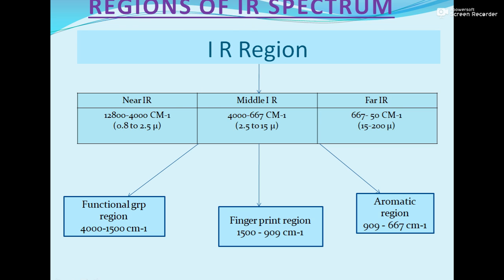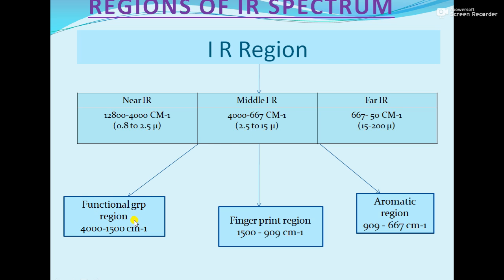Now the region of the IR spectrum, the spectra which we are going to get, is divided into three parts. As I have already told in advance, the IR region is divided into three parts: near IR, middle IR, and far IR. The basic important zone is the middle IR region, which ranges from 2.5 to 15 micrometer or 4000 to 667 centimeter inverse. This is the wave number.